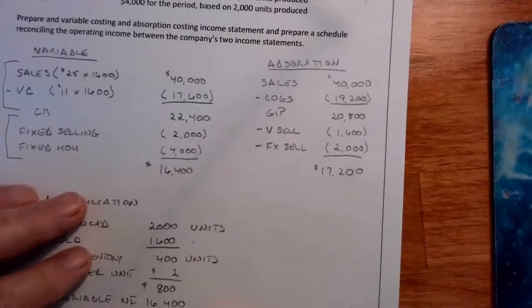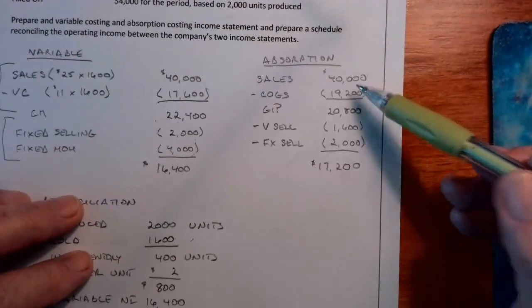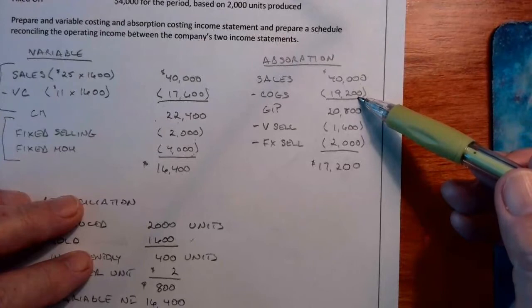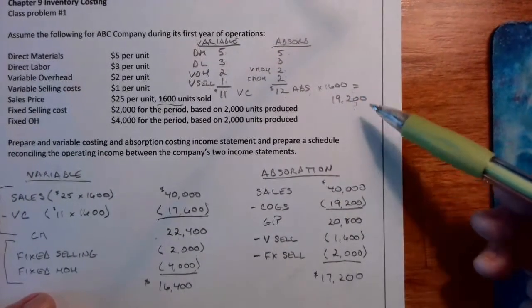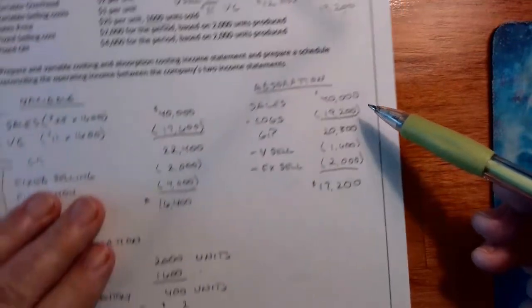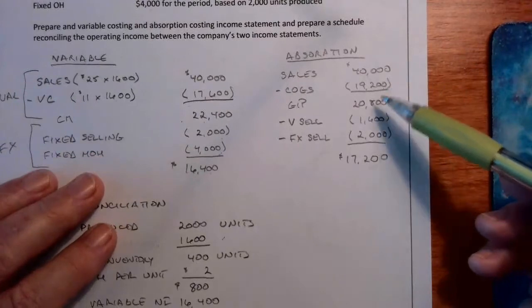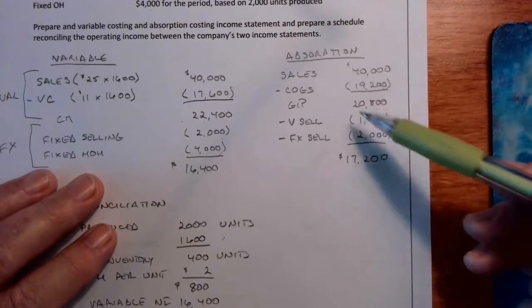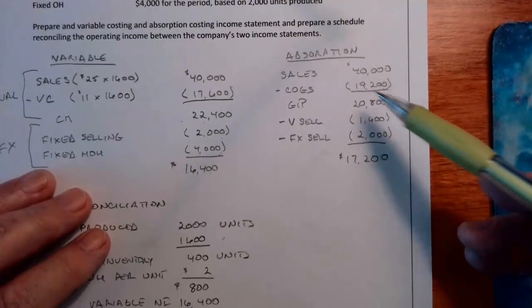Okay, now we'll do it under absorption costing. Again, my sales are $40,000. My cost of goods sold this time was the $12 in absorption costing times 1,600 units, or 19.2. So here is my cost of goods sold. My gross profit, as opposed to a contribution margin, is $20,800.